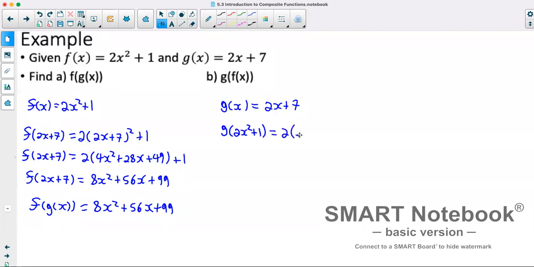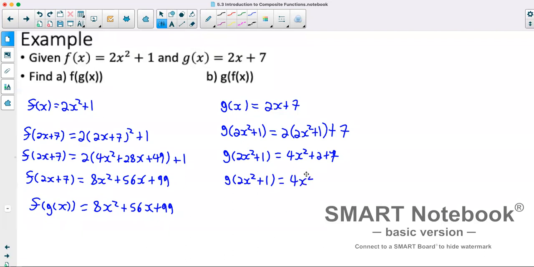So we've got 2 times (2x squared plus 1) plus 7, which equals 4x squared plus 2 plus 7. That gives us 4x squared plus 9. So we can write it as g of f of x equals 4x squared plus 9.